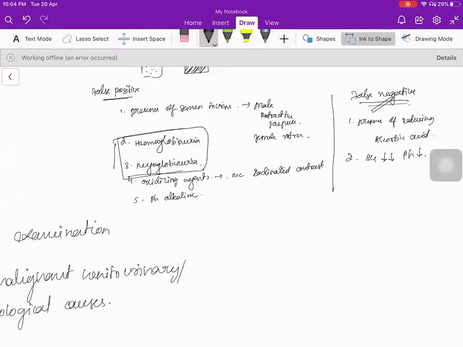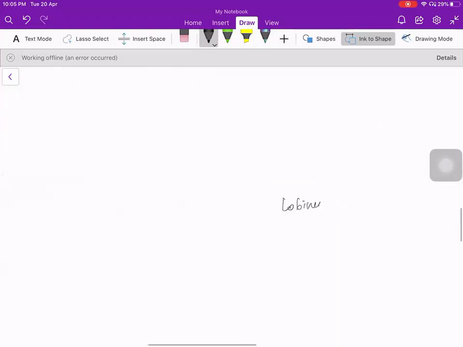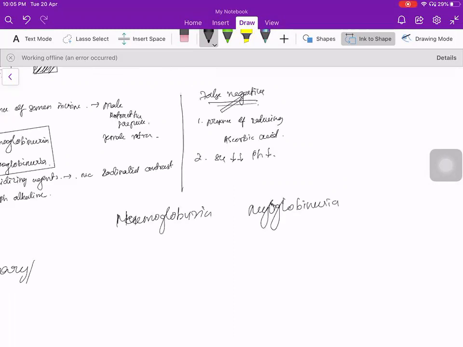how are you going to differentiate hemoglobinuria from myoglobinuria? We have to get the blood sample of the patient, and we have to centrifuge the blood sample. After centrifugation, we have to look at the supernatant fluid. If the supernatant fluid is clear, it is usually myoglobinuria.